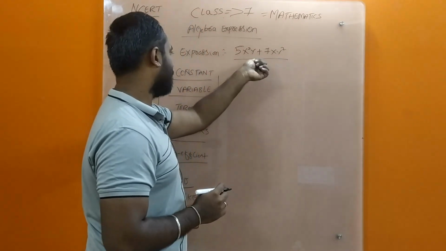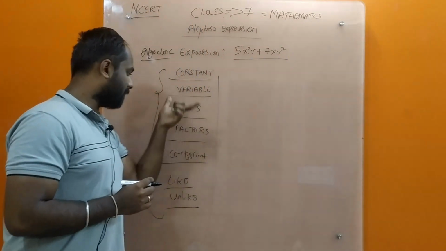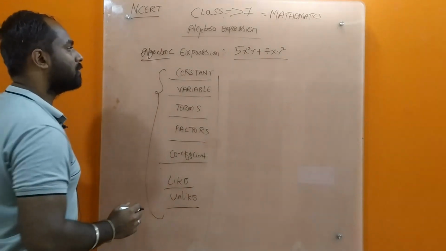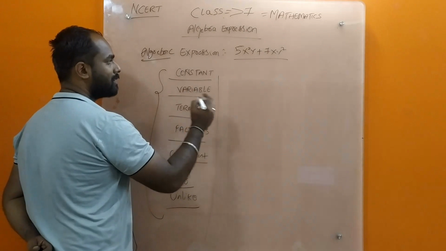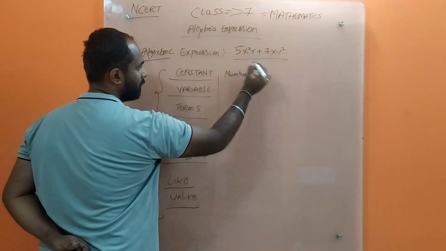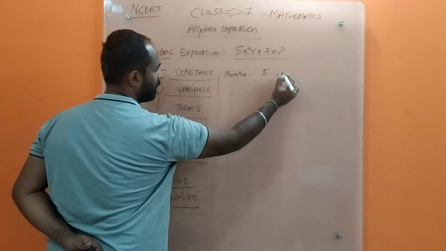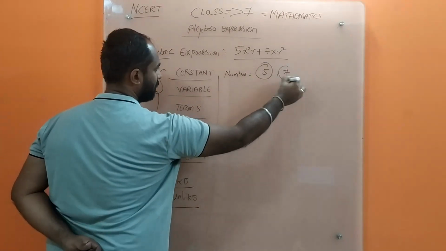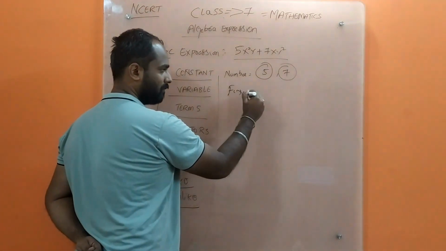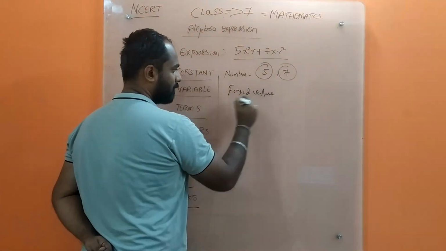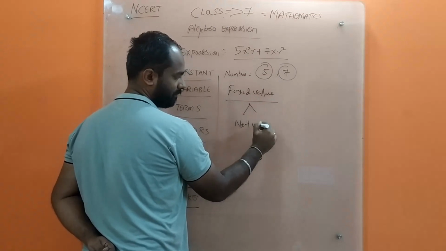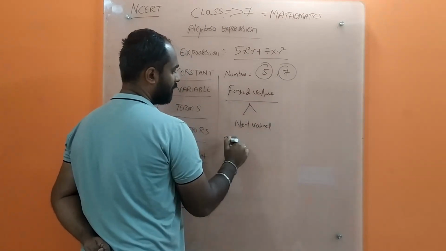I am diving in directly based on this example, giving an introduction to these items. What is a constant? A constant is nothing but your number. Here 5 is a constant and 7 is a constant, because a constant is a fixed value. It will not vary.